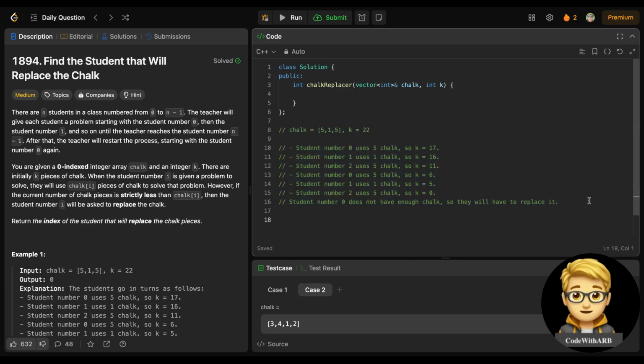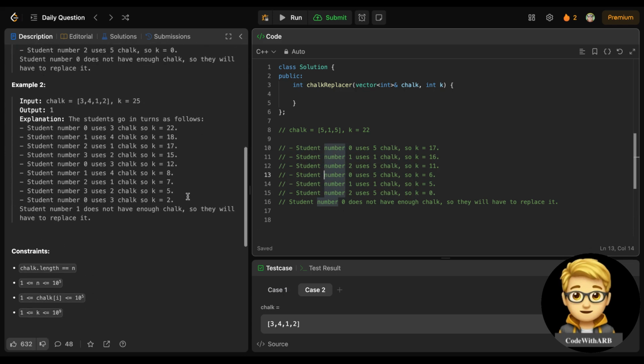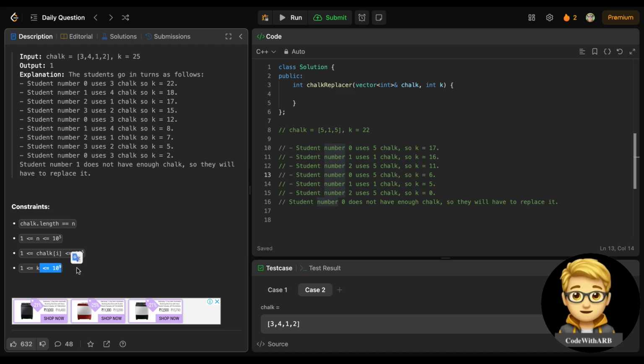So how will we find the index of the student that will replace the chalk pieces? The first thing is that you do the same thing the question describes: go to 0, then 1, then 2, then again 0, then 1, then 2. But if you see the constraints here, k is 10 to the power 9, which is very large, and n is 10 to the power 5.